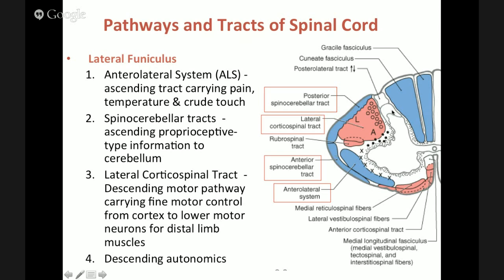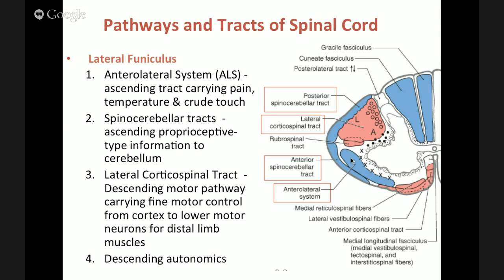Besides these proprioceptive pathways to the cerebellum, the other major sensory system here is the anterolateral system. Many of you may use the term spinothalamics. Is that something you're more familiar with?